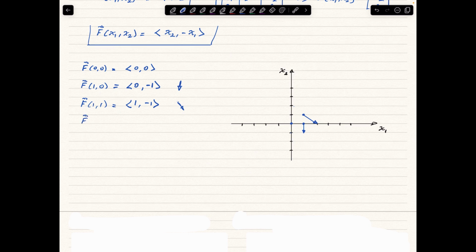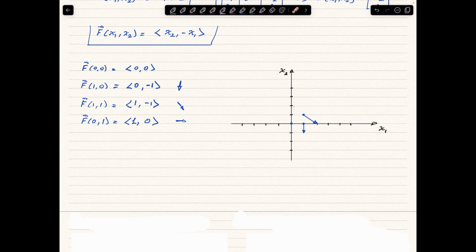F at which point now? What about if we do it at the point 0, 1? Okay, so x1 is 0 now, so that is 0, and x2 is 1. So this is a vector that has horizontal components only, and it's at the point 0, 1.